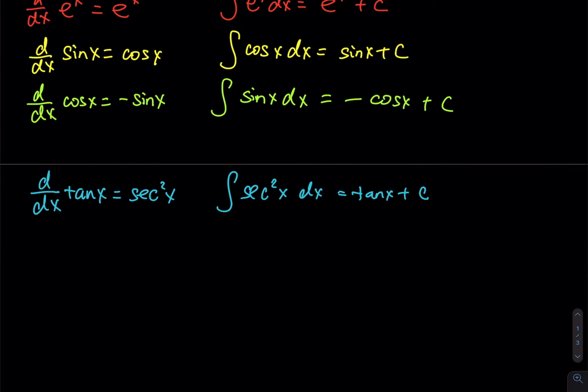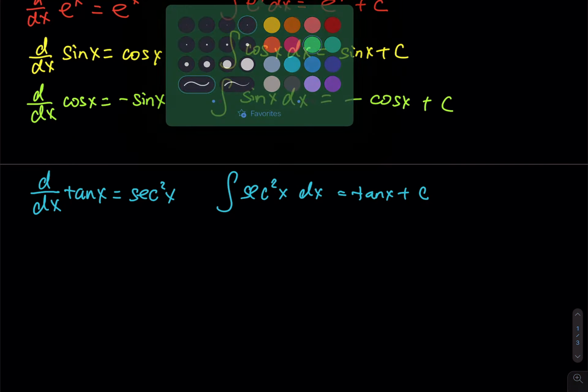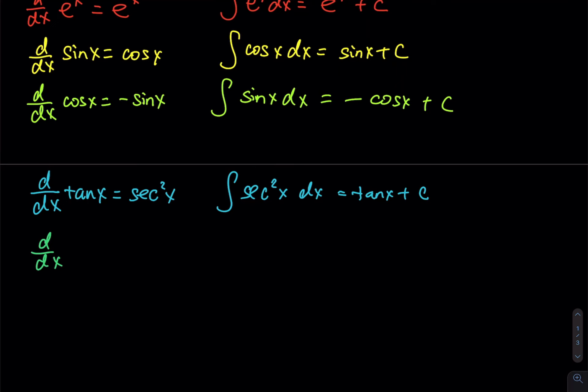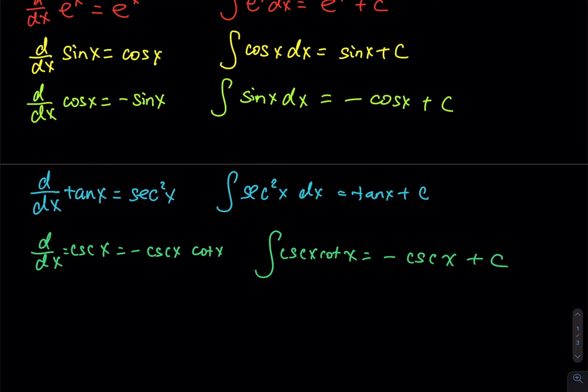And then let's do the other three trig functions. So switch to another color. The derivative of cosecant x is equal to, still remember that, negative cosecant x cotangent x. So therefore, the integral of cosecant x cotangent x is equal to negative cosecant x plus c, because I didn't include the negative in the integrand.